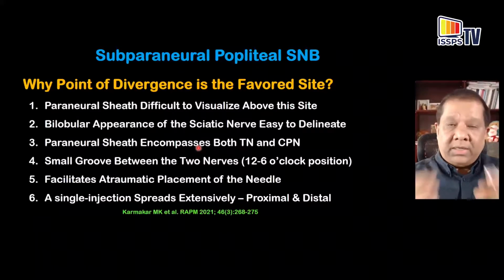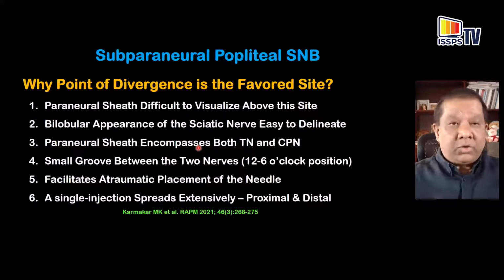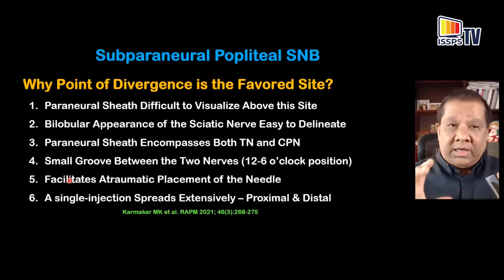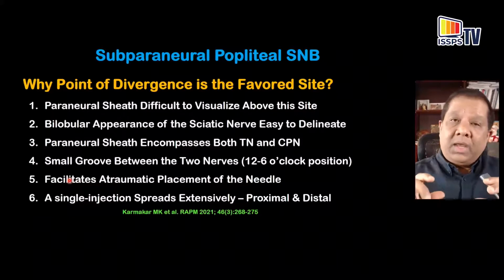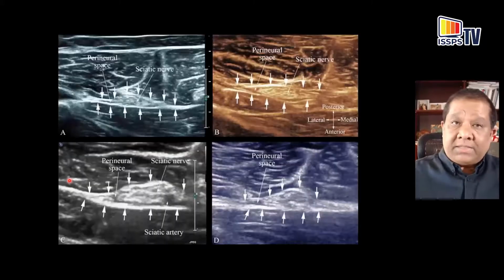And when you inject, this tube now contains the local anesthetic and provides you all the goodies that an injection like this does. It spreads extensively, not only up and down the nerve, but also around the nerve. And because you're placing the needle in between the two nerves, it also facilitates atraumatic needle placement. And a single injection spreads quite extensively.